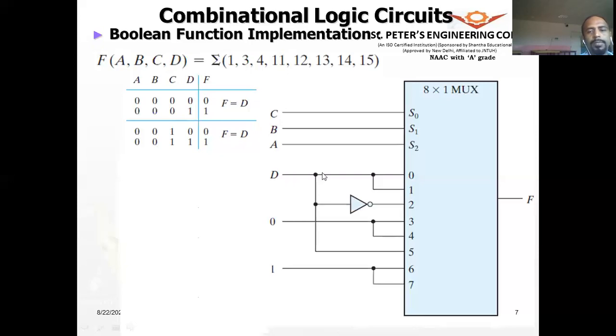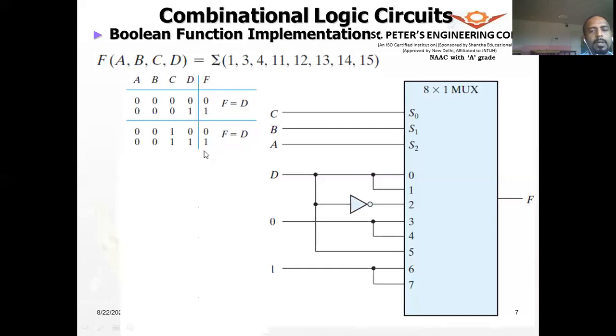So therefore, we have given I0 and I1 the input D. So I0 and I1 are shorted and given to input D. All right. So that is seen. So we have seen that M1 is covered, minterm M3 is covered here.